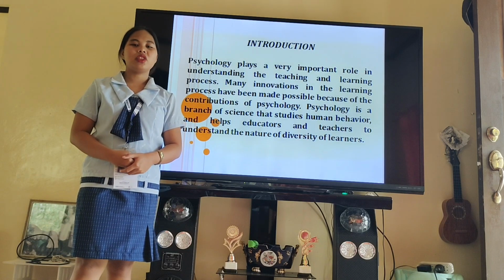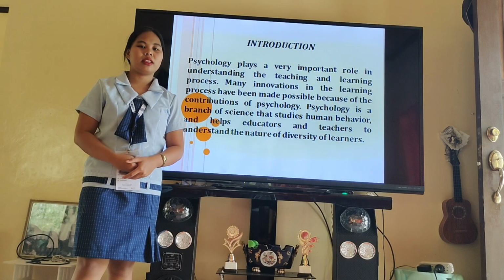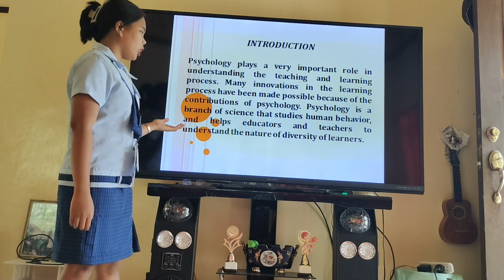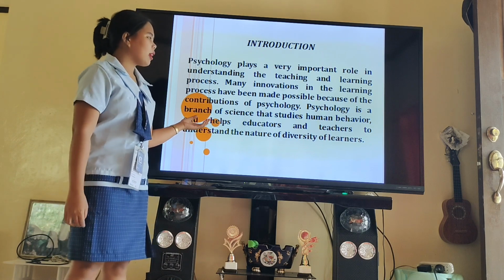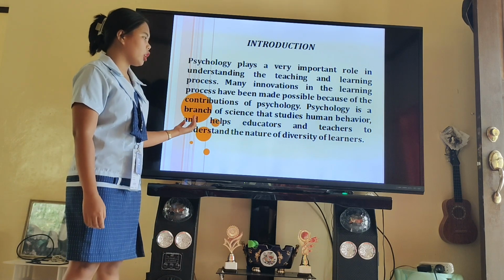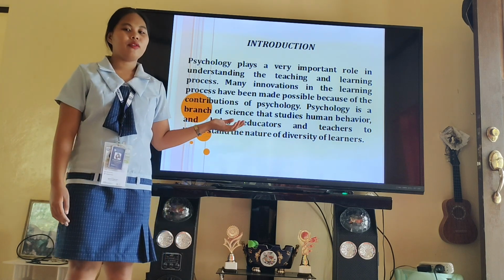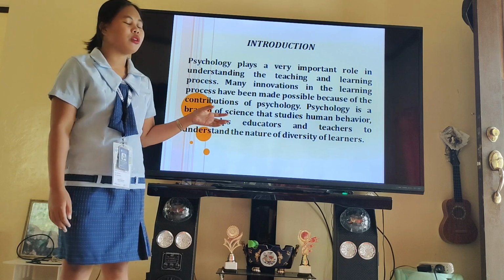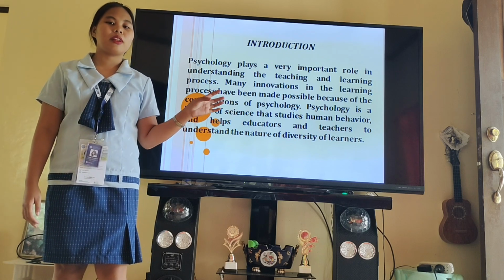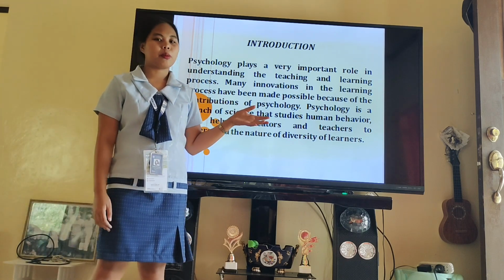It has a very big role in education, since it helps educators and teachers understand the diversity of the students and how they will focus on the learning and teaching processes.